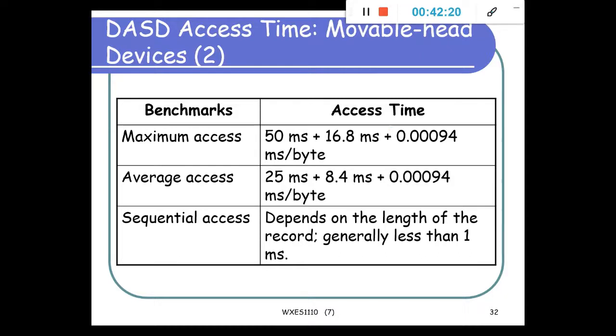This is the movable head device's maximum access: 50 milliseconds plus 16.8 milliseconds plus 0.094 milliseconds per byte, different from the fixed head. The average access is half of it, and sequential depends on the length of the record, generally less than 1 millisecond. This is a given.